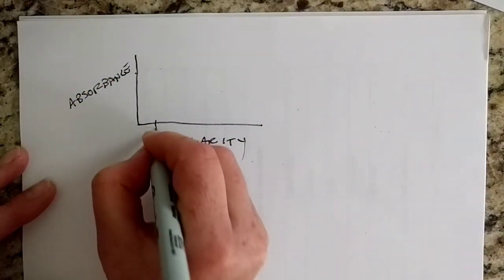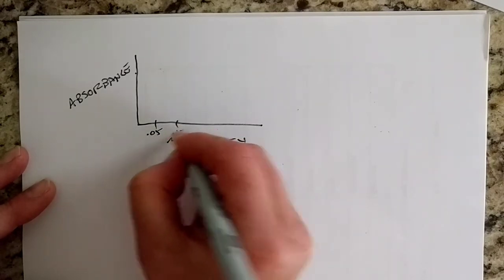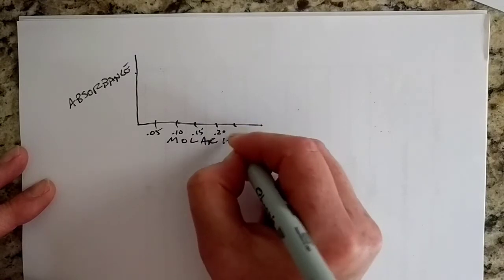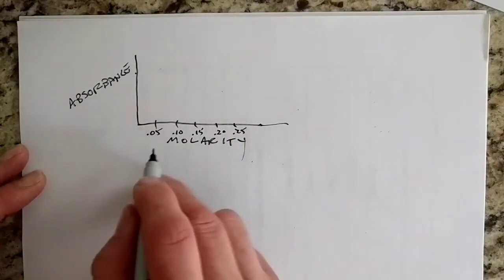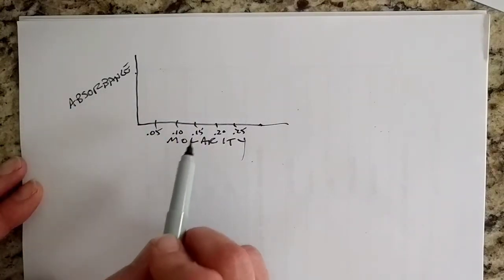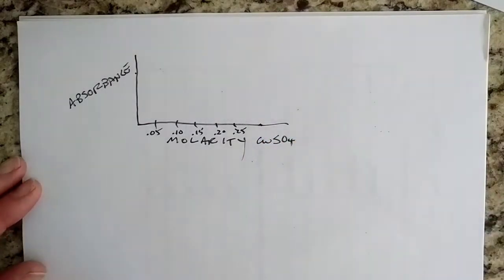So these molarities, and I'll just make up numbers here, maybe 0.05, 0.1, 0.15, 0.20, 0.25, etc. So how would we get the data for this type of plot? And this is the molarity of the CuSO4. So we would use a spectrometer.